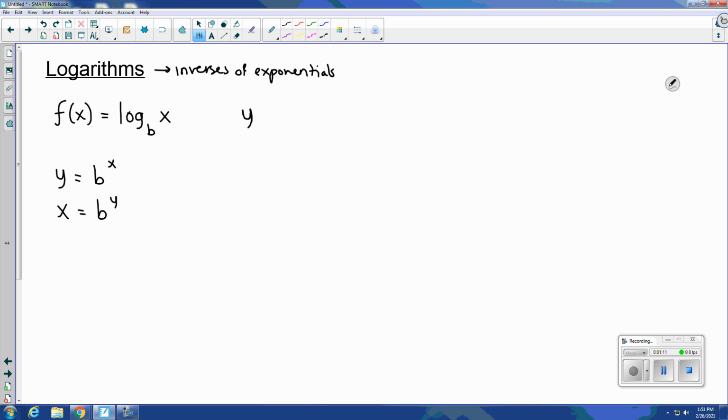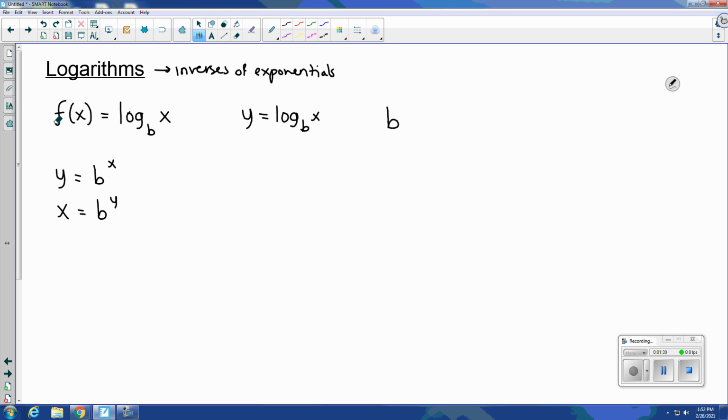But we can say if y equals log base b of x, and we want to go into exponential form, the base of the logarithm and the base of the exponential are going to match. So it's log base b, so we have exponential base b. Now here's the nice thing about logarithms that can take you far in an evaluation of them: you should know that logarithms equal exponents of the equivalent exponential form.